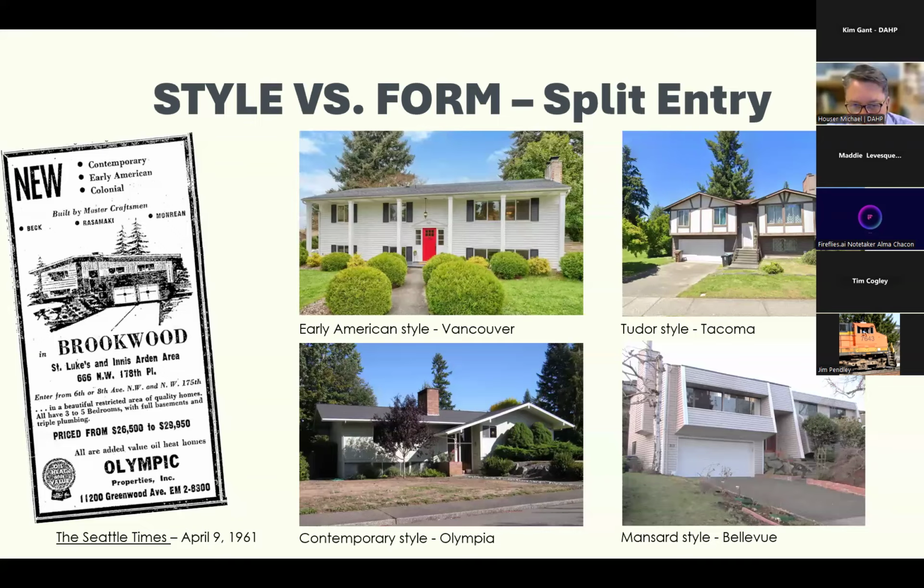So you've got an early American style, a Tudor style, a contemporary style, a Mansard style. They're all split levels, but they look different because of that applied architectural ornamentation on the outside. It's a good, fun, easy one to look at. That can be applied to lots of different building forms as we look through them, and you'll see that as we go through the slides. So that's a good thing to think about.